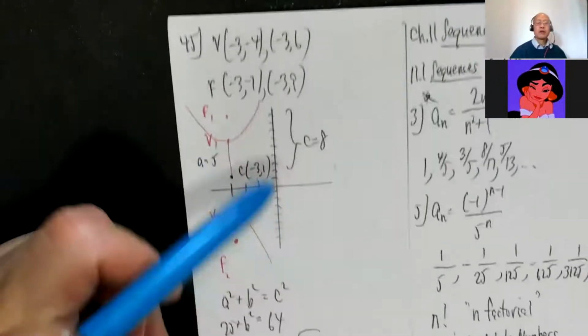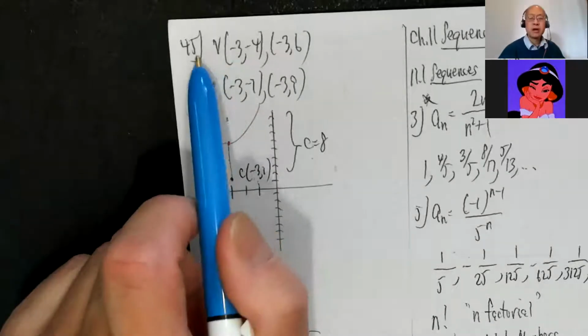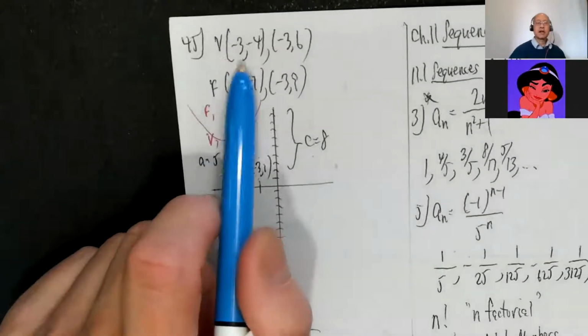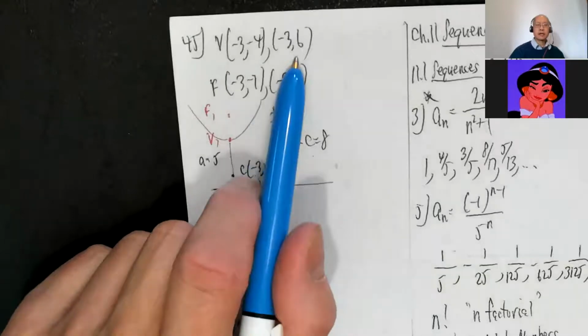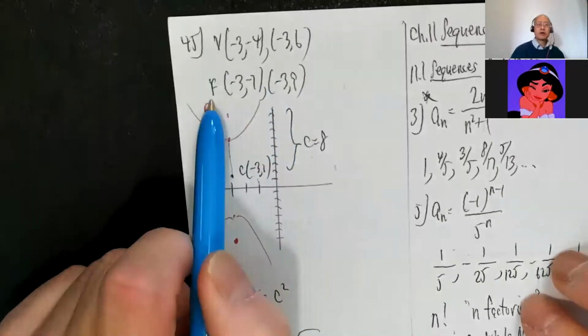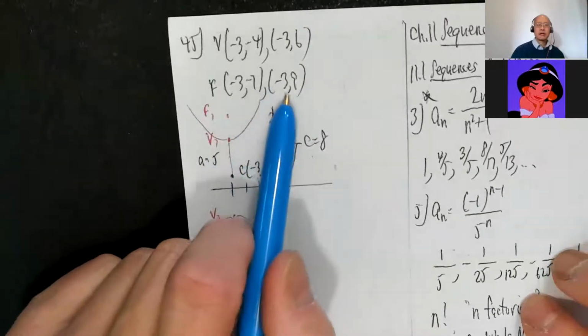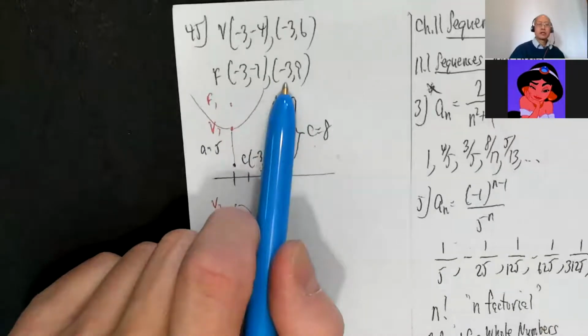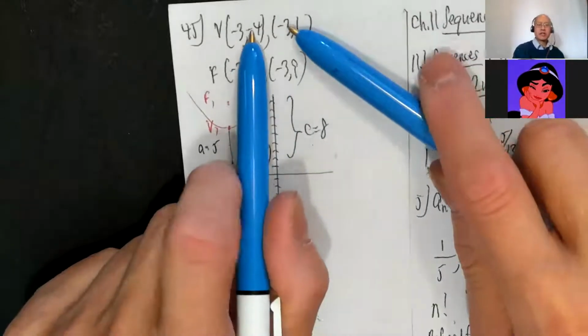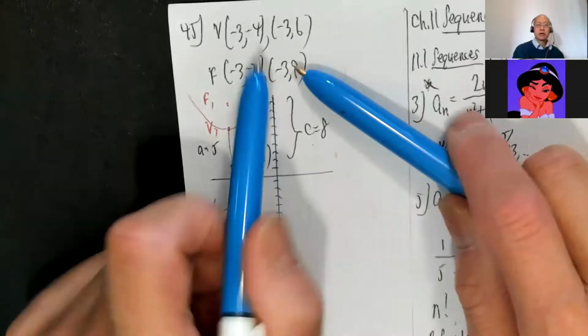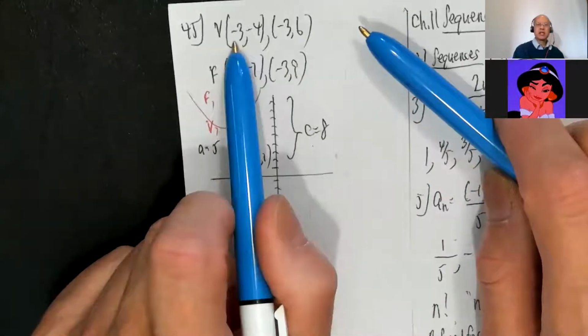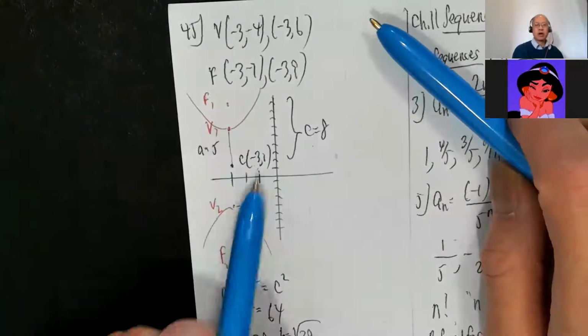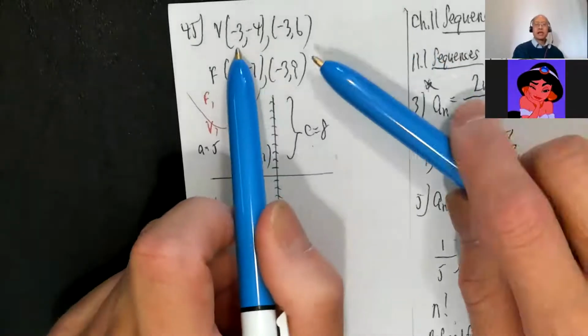Okay, 41. Vertices are -3, -4 and -3, 6. Foci -3, -7 and -3, 9. So I go halfway between either this pair or this pair to get the center. Halfway between these would be -3, 1. How do you do that? Just average the x's.